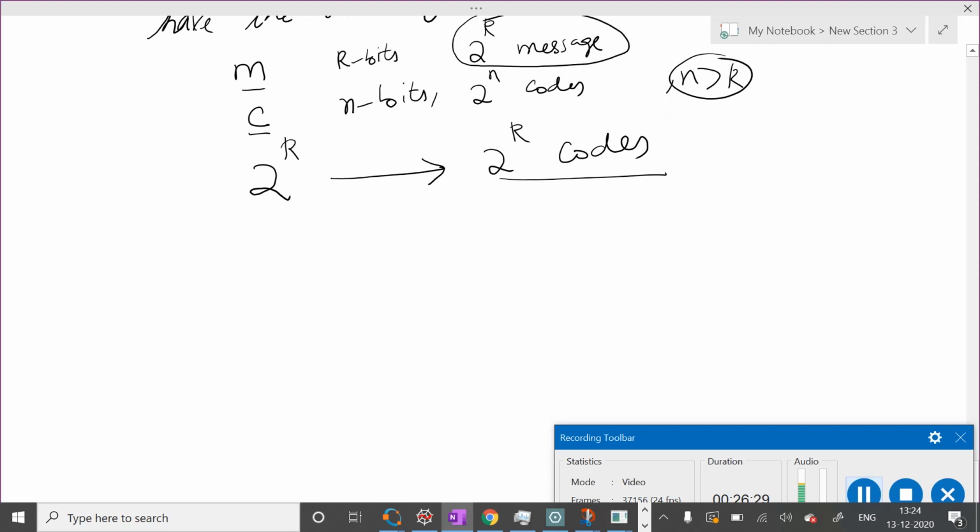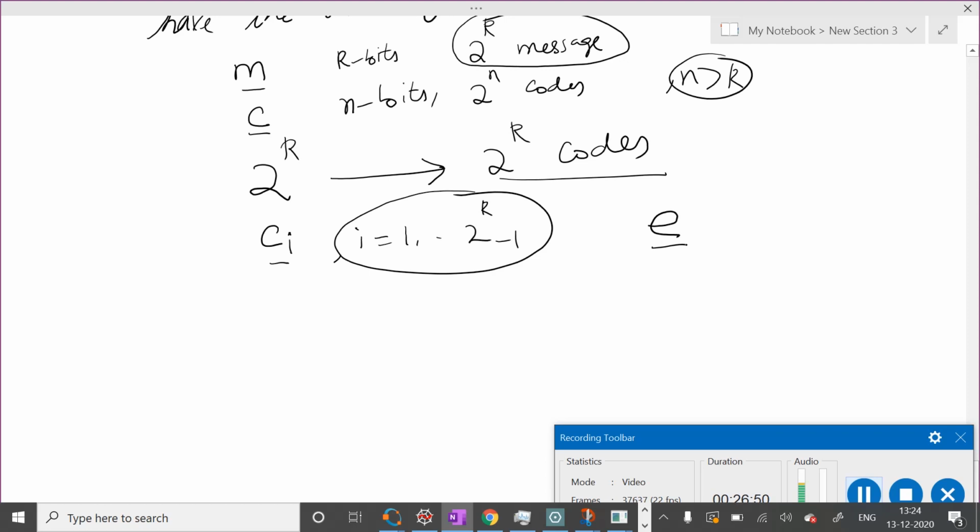Now, suppose I have a code word vector Ci, for i equal to 0 to 2 to the power k minus 1. It is one of the 2 to the power k code words. And you have an error pattern, suppose E. If you add this E with any of the code words, you will get another error pattern Ei, for i equal to 0, 1 up to 2 to the power k minus 1.